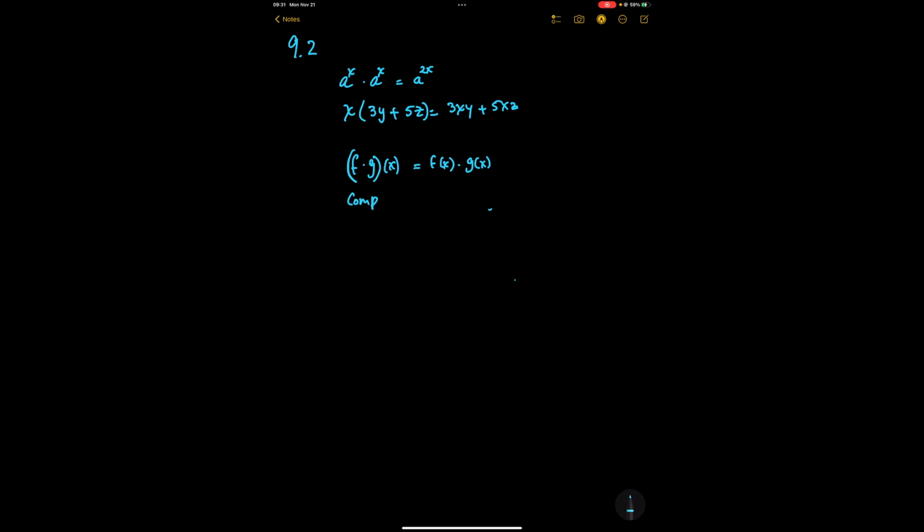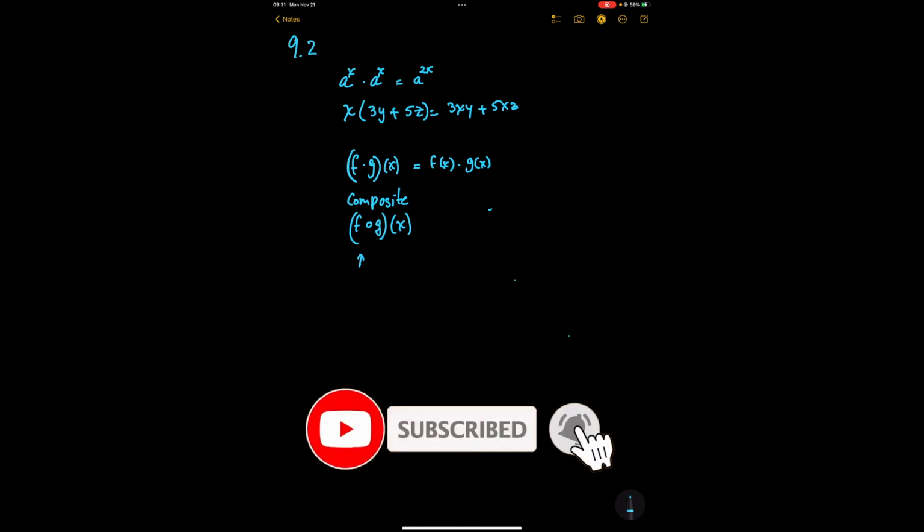The composite, and guys, don't get confused, is basically a function inside of another function. So when you write f circle g of x, what they are basically saying is f here is the bigger function, right?